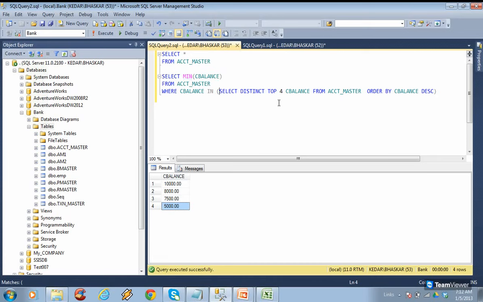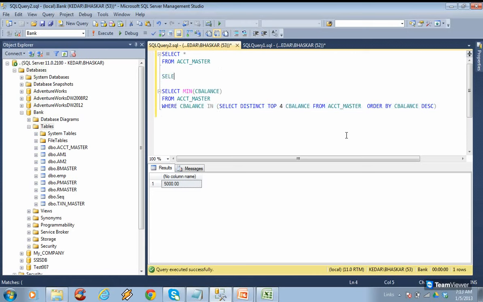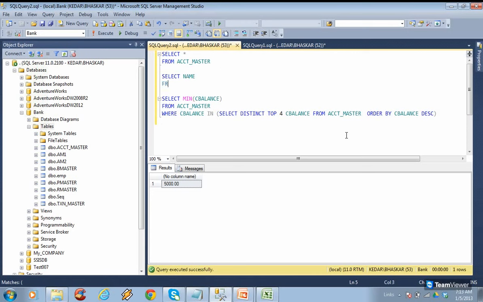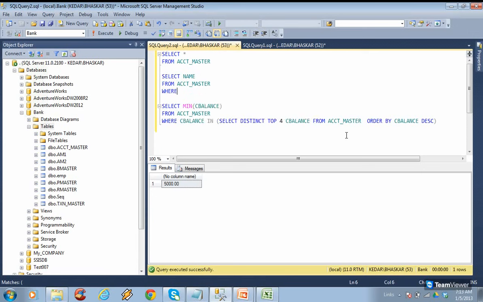So this would be executed first. But I don't need all the values. I need the minimum of these four values. So that's what I'm trying to get here. Get 5,000 rupees. Now I don't need the minimum, I have to get the name. So I have to put select customer from the table where balance equals, open the bracket, and at last we have to close the bracket.